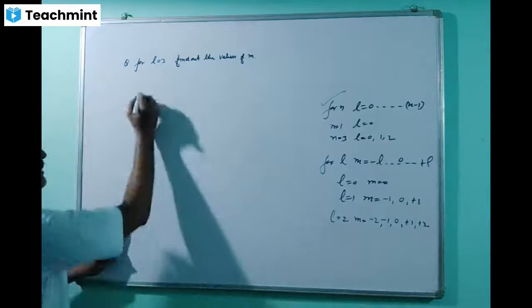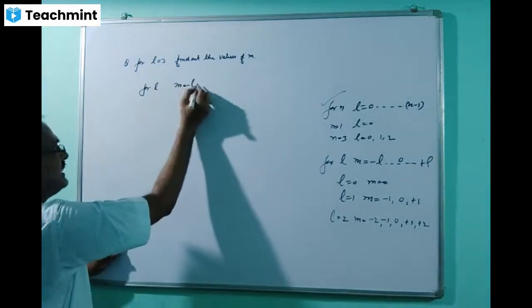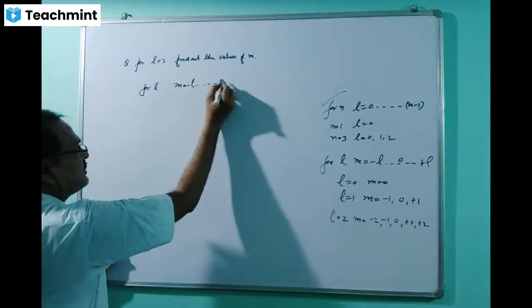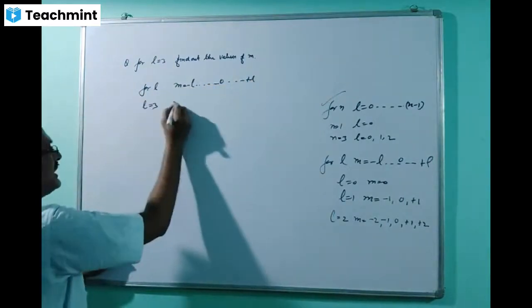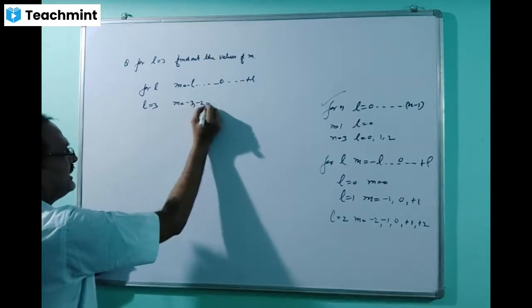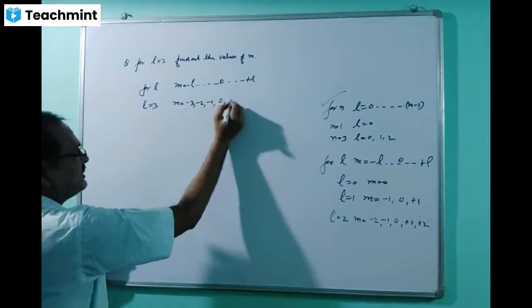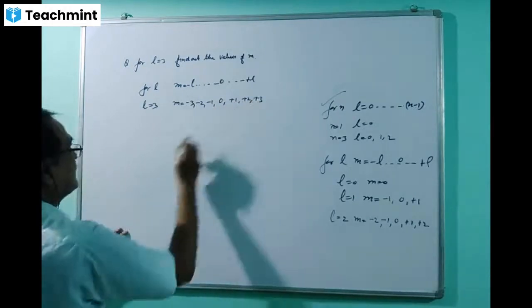For L, M is equal to minus L, 0 to plus L. So if L is equal to 3, what is the value of M? Minus 3, minus 2, minus 1, 0, plus 1, plus 2, plus 3.